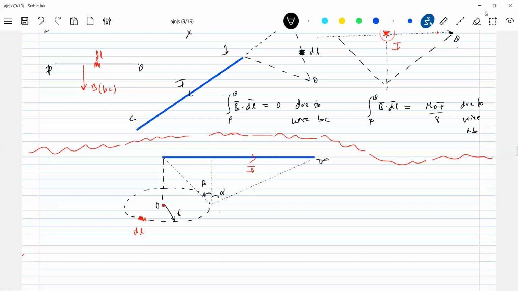This should be the beta. Alpha is 90 degrees. So what about beta? Beta will not be 90, no? It depends upon the radius and this distance. So let me call this D and R. It also depends on R, no?